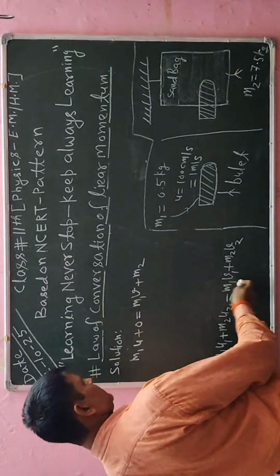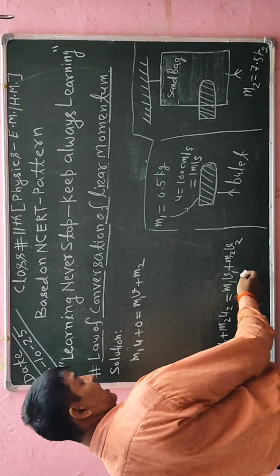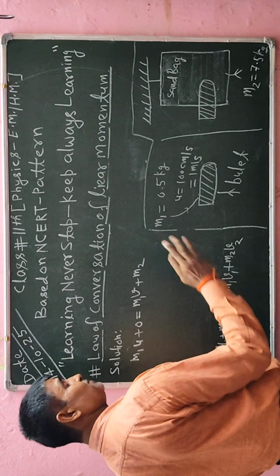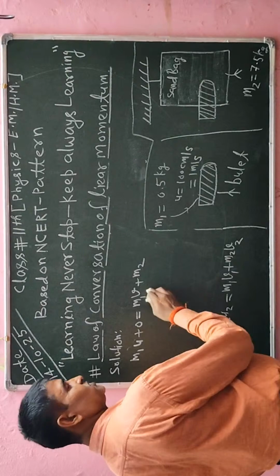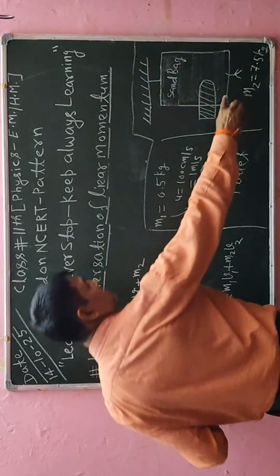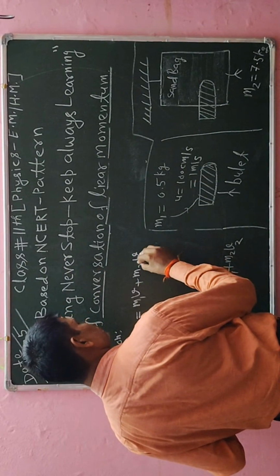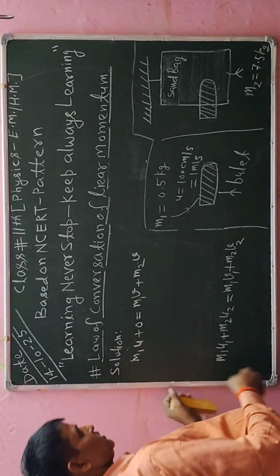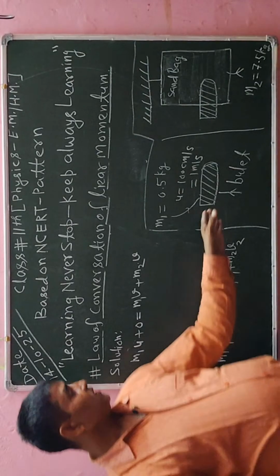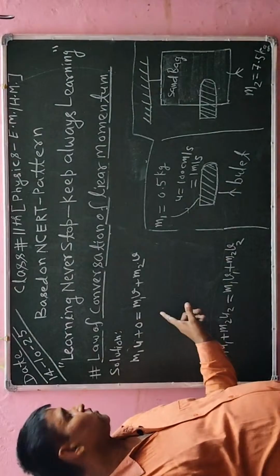Because both objects are moving with the same velocity, I have taken velocity v, which is common for both objects. So the sandbag has mass m2 and its velocity is also v. Okay, so this formula I have used in this numerical for getting the common velocity.